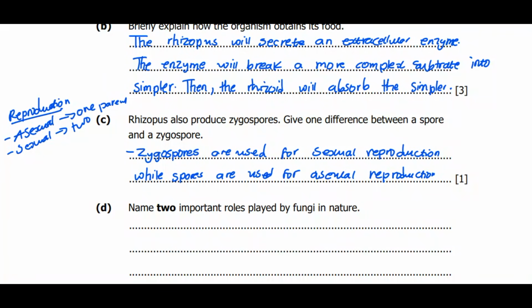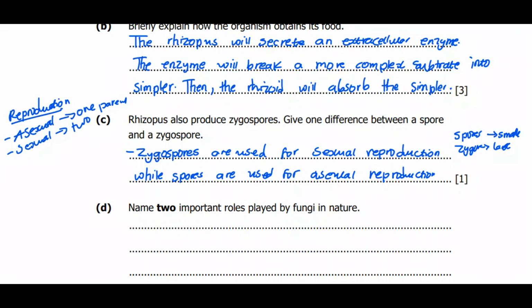The other difference that you can consider is in terms of size. In terms of size, the spores are smaller while the zygospores are larger.